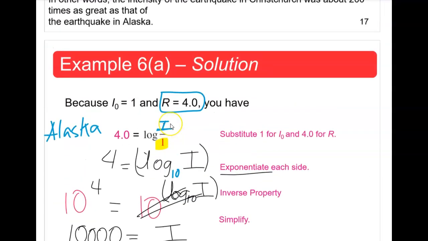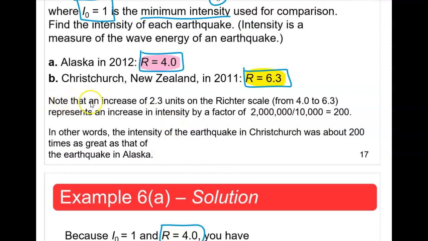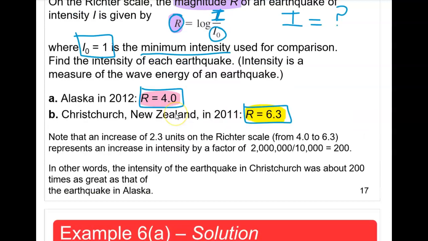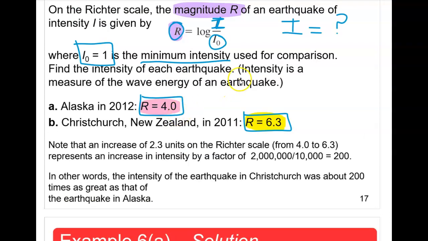And let's see. So yeah, that is the only thing that we had to find.